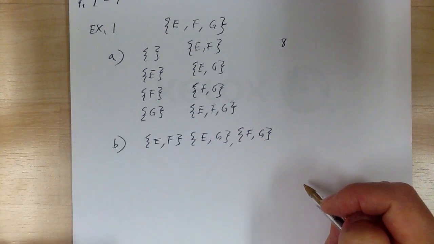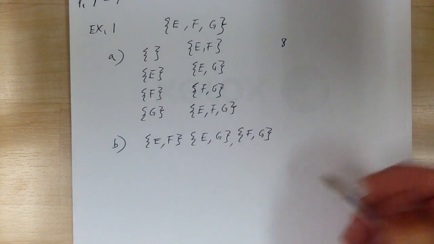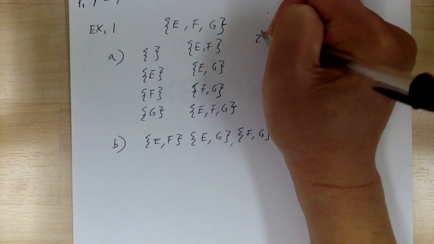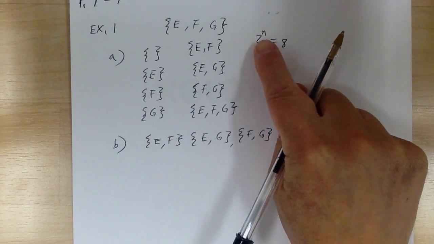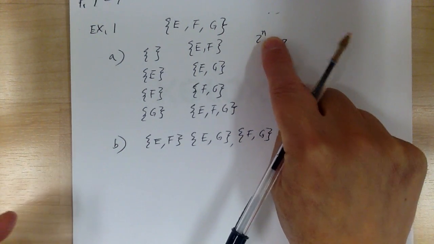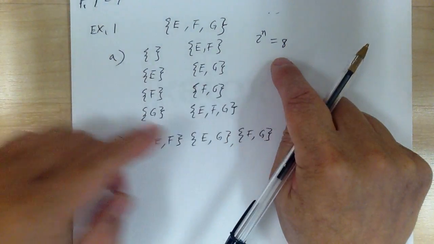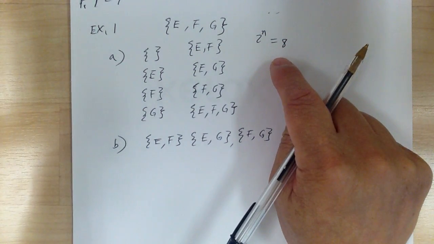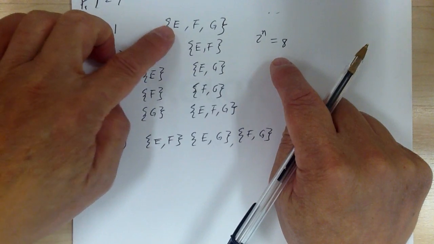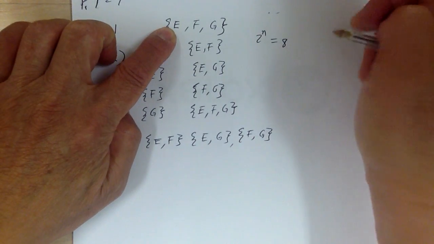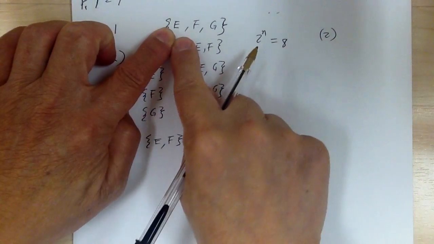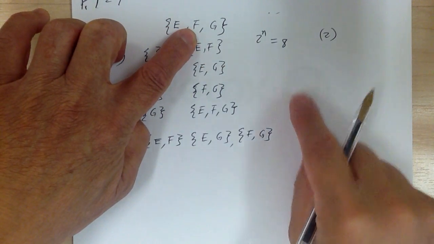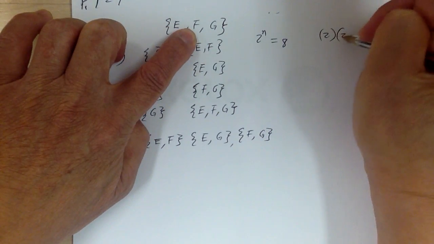Now, the formula to find out the total number of subsets is 2 to the n. n is the number of elements. The reason is 2 to the n, because when you're making subsets, you have to decide to use or not to use. So there are 2 choices: to use the F or not to use the F. That's 2 choices.